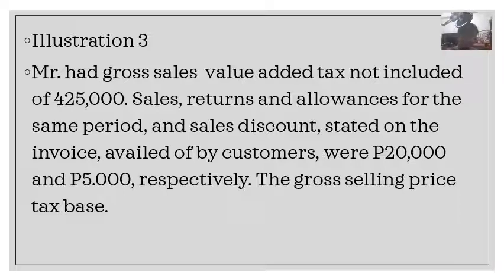So the gross selling price daw of yung sales ni Mr. D is, syempre sabi natin kanina, yung sales return and allowance is allowed as downward adjustment. So you have to deduct yung 20 and 5,000. So 425 minus 20,000 and 5,000, ang gross selling price is of course 400,000.